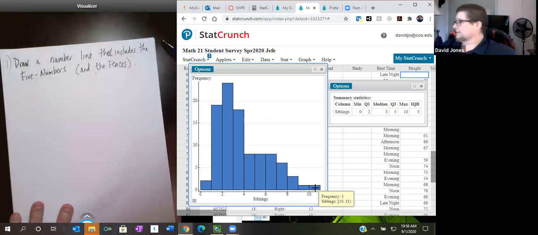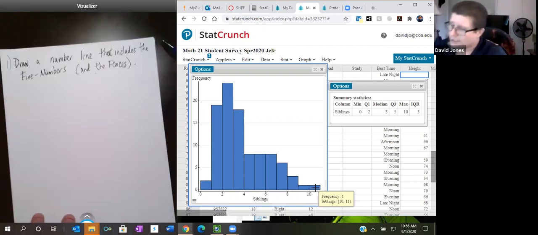Definitely fences that are inside it. So that's step 1.